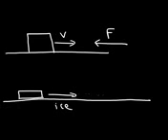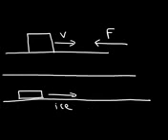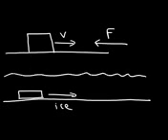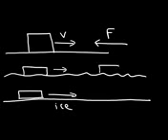Whereas, if you have the same object across a rough surface, this object will not slide very far. It's going to come to a stop quickly because there's more friction.